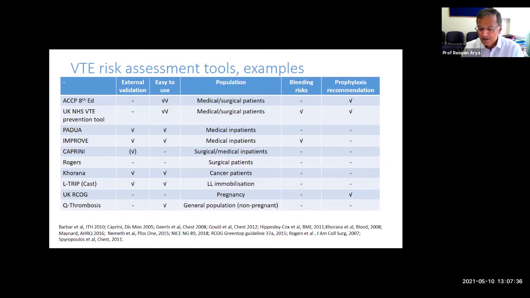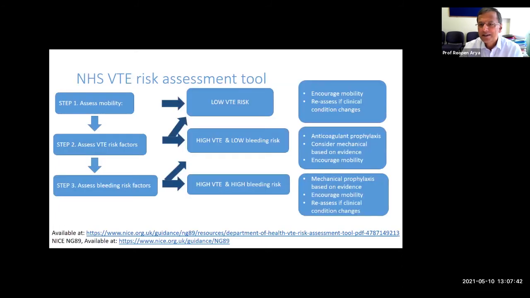So the national VTE prevention tool in England has been with us for over a decade, where all surgical patients are risk assessed and medical patients if they're deemed to have reduced mobility.